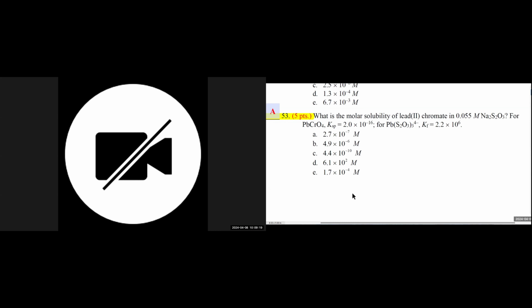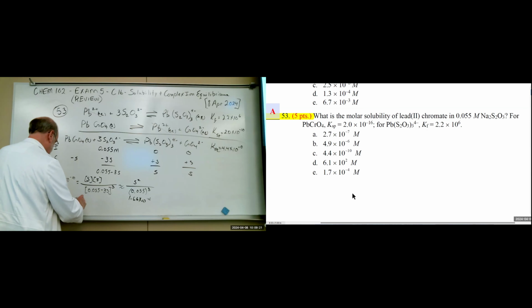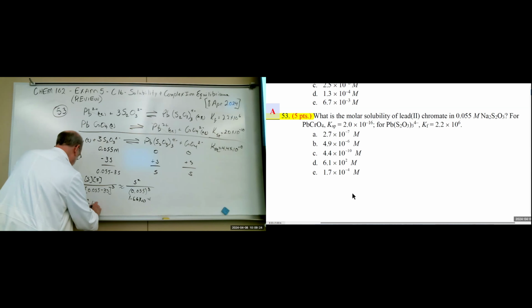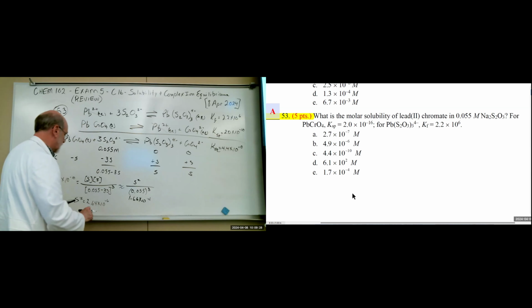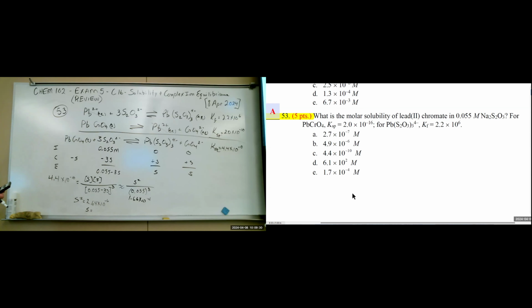And so s squared is equal to 2.64 times 10 to the minus 6. And S, or the molar solubility, is the square root of that value, 1.6 times 10 to the minus 3 molar.